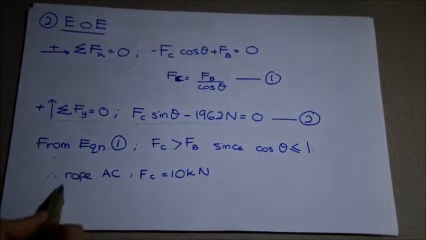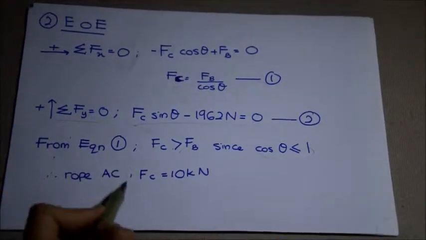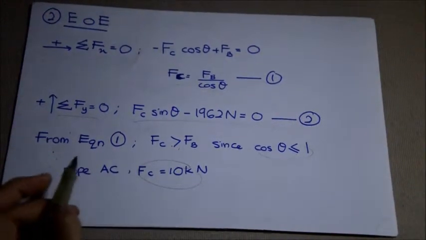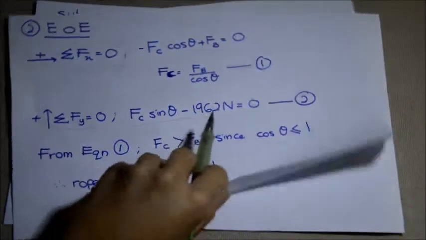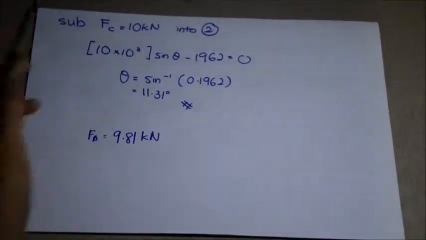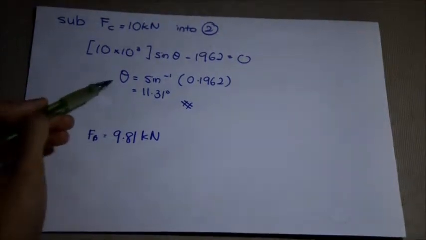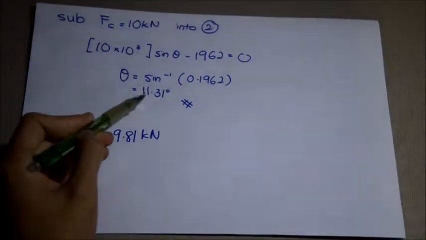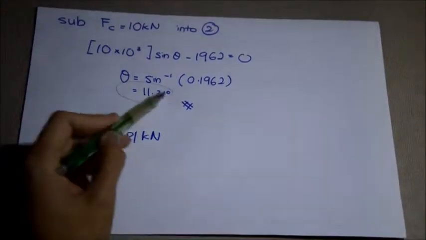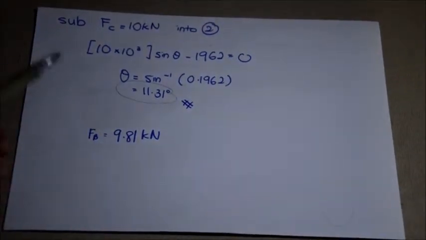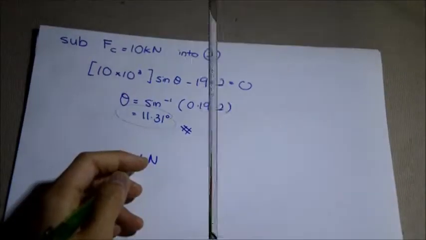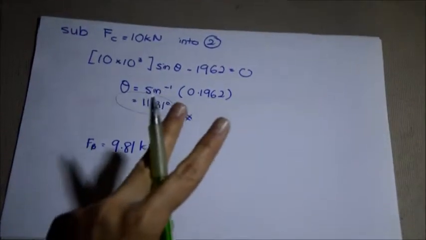Therefore, rope AC will reach the maximum tensile force of 10 kN before rope AB. By substituting the value of FC into equation 2, we will get the smallest value of theta, which is 11.31 degrees. After knowing this angle, we can find the value of FB, which is 9.81 kN. Now, we have done two questions.